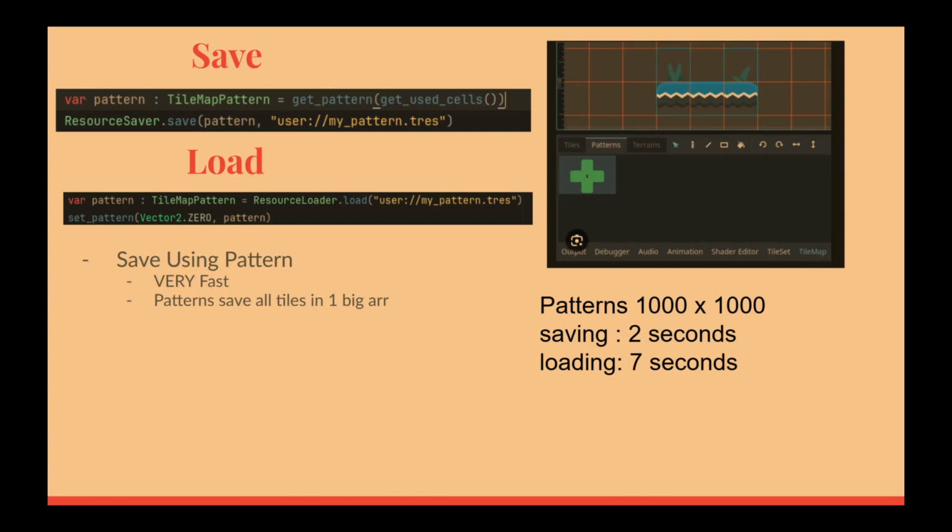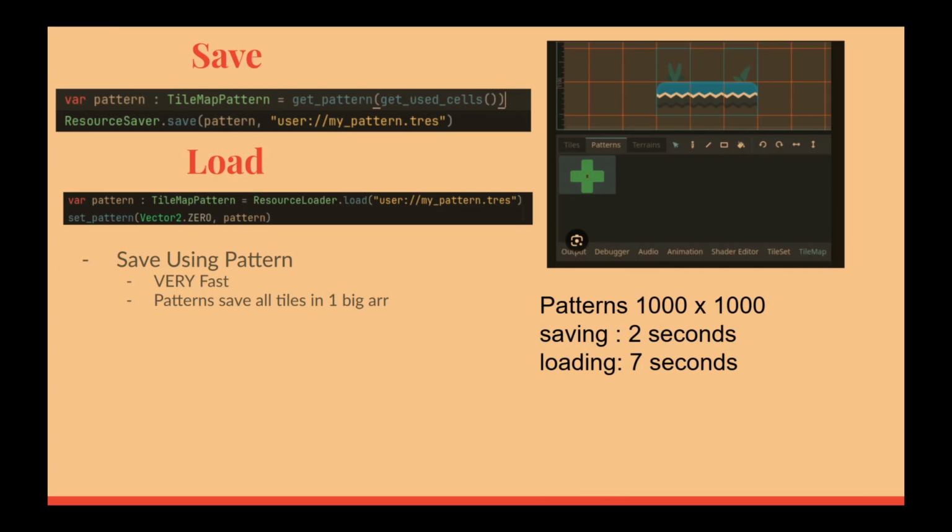It's basically an array of positions of the cells, like the scene, terrain, tiles, and then you get that pattern, and then you can just save that pattern. When you want to load it, you just set the pattern. Right now, you have to put the position that the pattern is, and then you put that pattern that you saved. In this example, I didn't save the pattern position, so if you are implementing this yourself, you'll have to save the pattern position as well. But this is super cool.